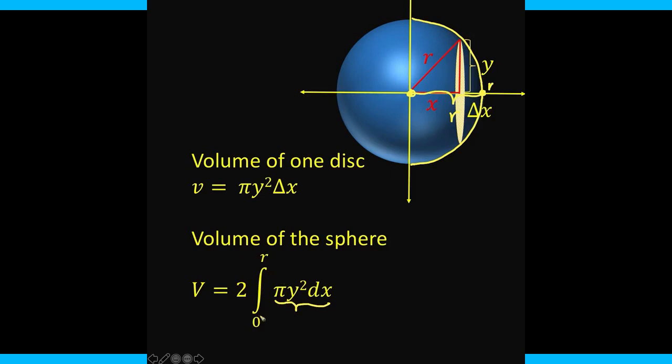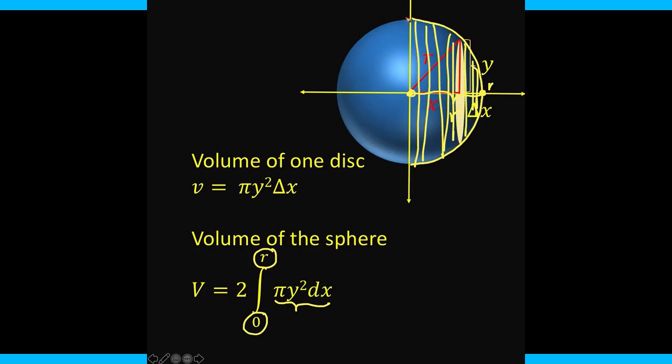And summing those up would now be this elongated s, which is our symbol for integration, and we are going to perform the summing up of these volumes from x equals 0 up to x equals r. But the volume that we can get would only be the volume of all the slices in this right half of our sphere.